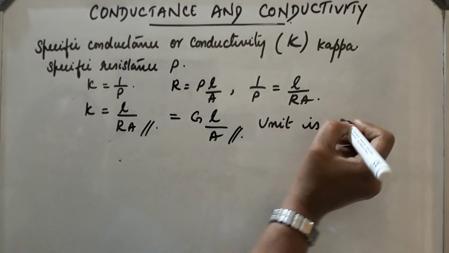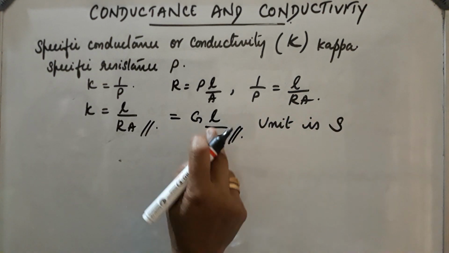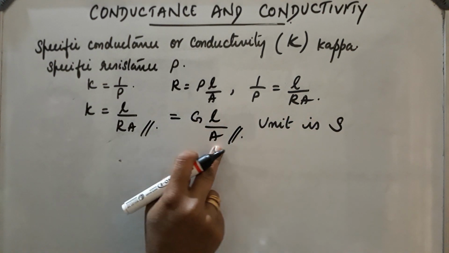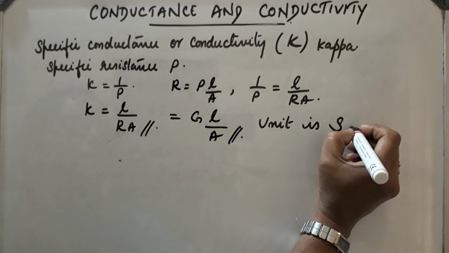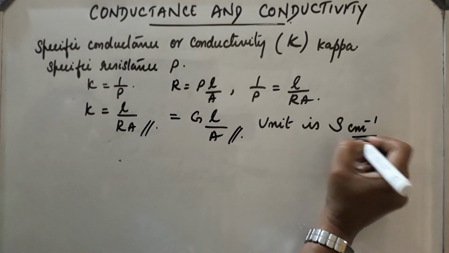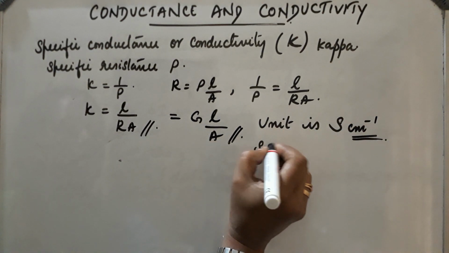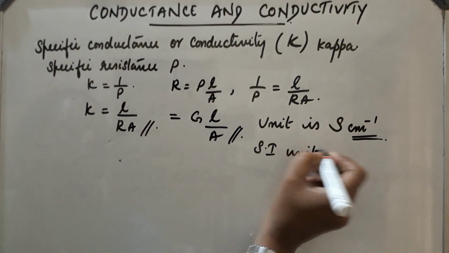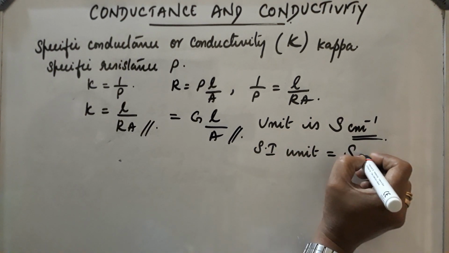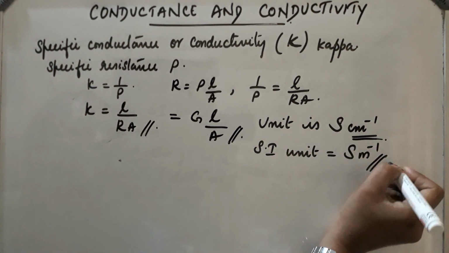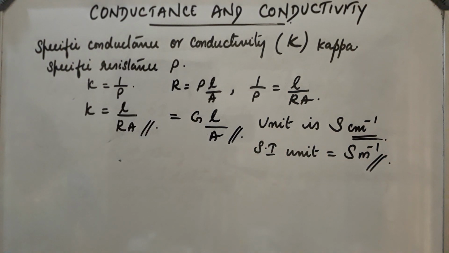G is Siemens, L is centimeter, A is centimeter square. So Siemens centimeter raised to -1, or the SI unit is Siemens meter raised to -1. This will be the unit of kappa.